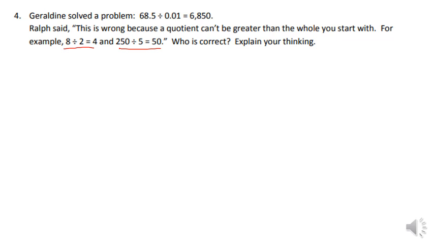And they're saying it is because the quotient, which is here, is larger than what they started with, which is the dividend. So let's do this. If I take, let's say, 10, and I divide that by 2, I get 5. So this is what Ralph is saying. But if I take 10 and divide it by 1, I get 10.